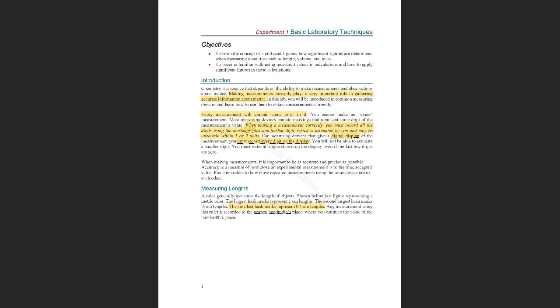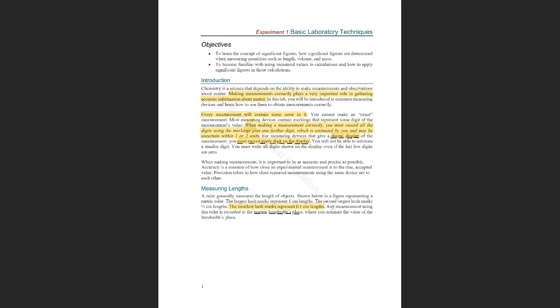If you don't do the measurements correctly, you won't have accurate data, and all the conclusions might not be correct.